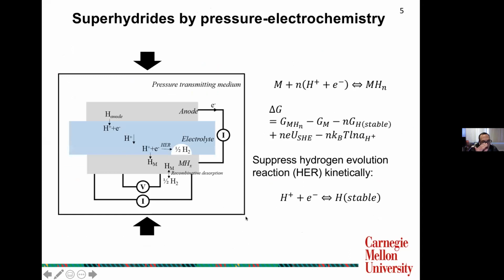Okay. So if I understand, with this type of Pourbaix, or let's say pressure electrochemical diagram, you would need both an elevated pressure and a potential to synthesize the metal hydride. Is that what you're thinking, that you would do this, but at a high pressure?